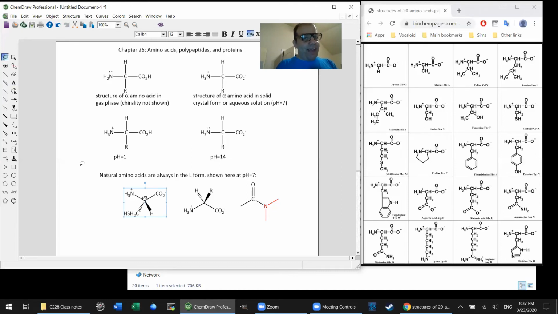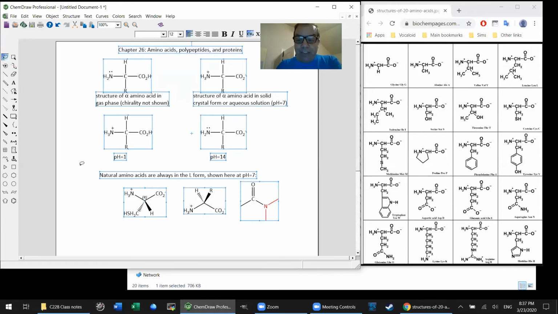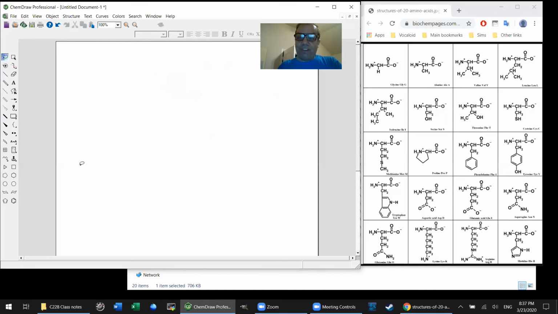Another thing that I want to stick in the back of your minds, because it's one of these unfortunate things that we're stuck with: whereas it's the L-amino acids that are the natural ones, when we get to the carbohydrates chapter, you'll find that it's the D sugars that are the natural ones. So it's L-amino acids and D sugars that occur in nature. The opposite ones, the enantiomers, do exist. They just are not natural. They have to be made in the lab.